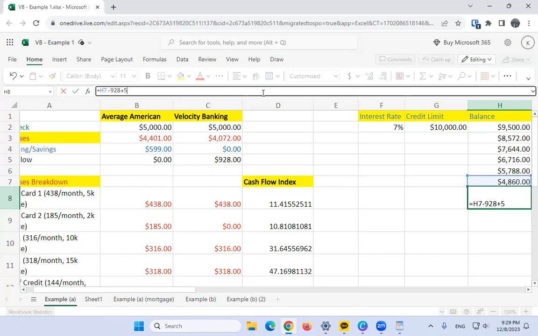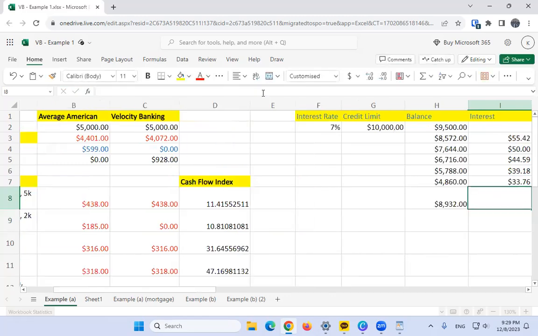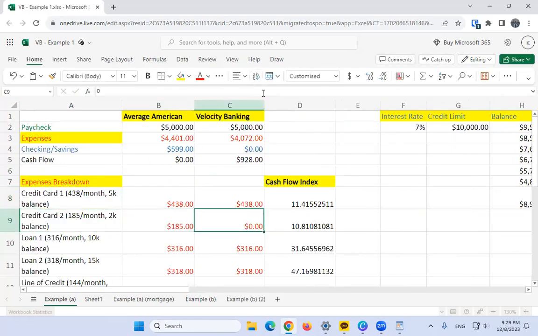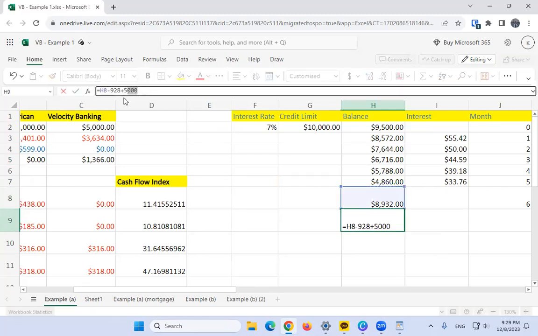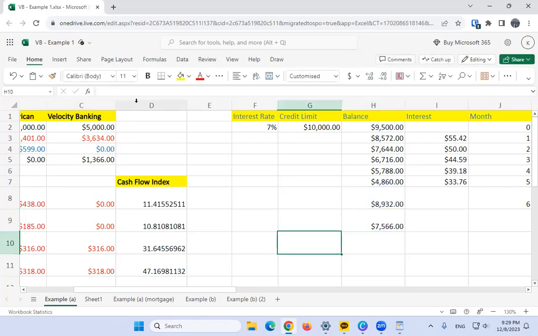So plus 5000. And now we have that $438 of cash flow added to here. And now it's 1366. Okay. So now what we do is now subtract 1366 here, right?